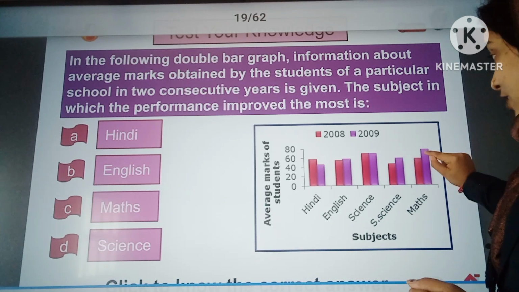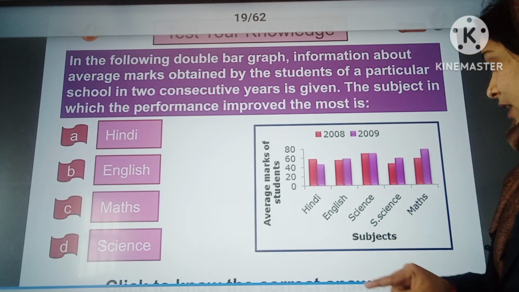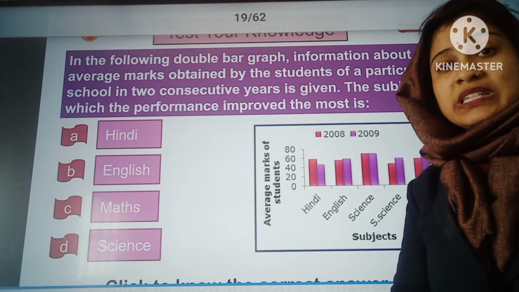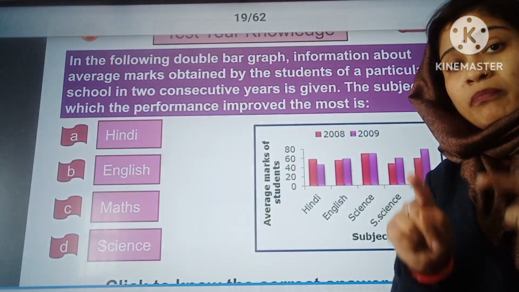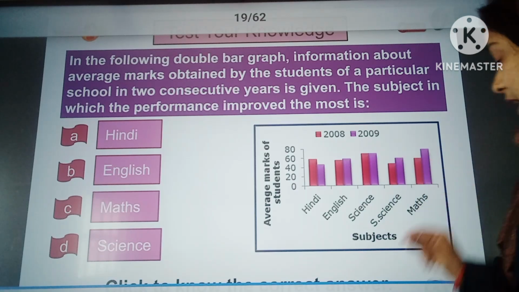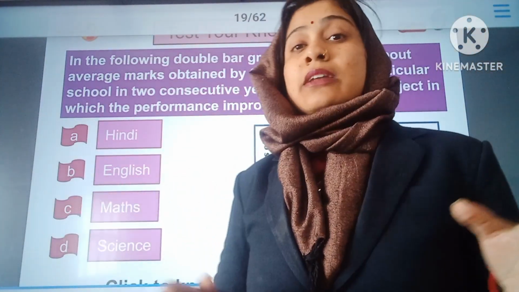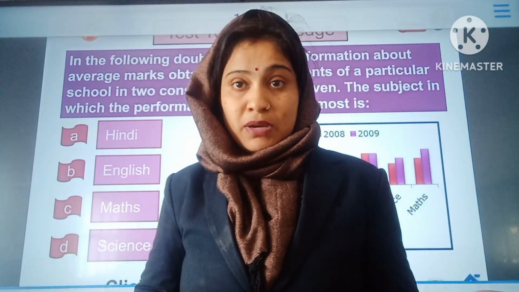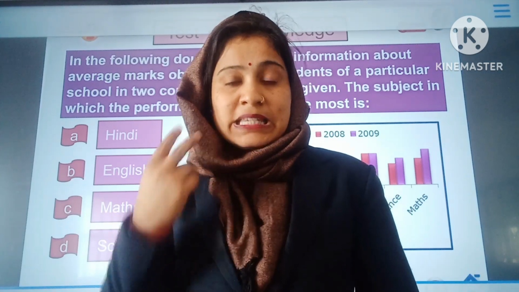And for maths, can you see the difference in the graph? If I compare 2008 to 2009, for maths it is maximum. The maximum change is there. So if the maximum change is there, that means the improvement is maximum for the subject maths.